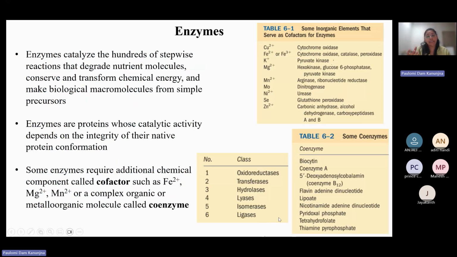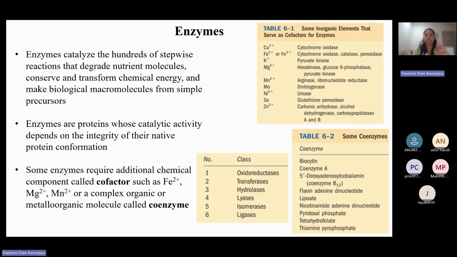Enzymes, based on their activity, are classified generally into 6 classes. The name says what kind of activity they perform. If they are taking part in redox reactions, they are called oxidoreductases. If a group which is attached to one component transfers a part of this group to another component, that's transferase.